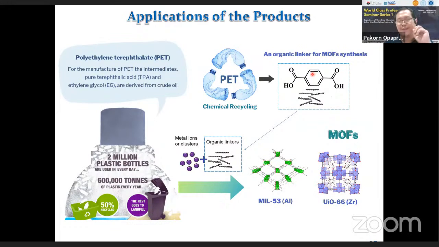However, because we also have products that we degrade from PET that are similar to these materials, we can also make MOF from the chemical recycling process of PET. So this fits very well with the circular economy concept.